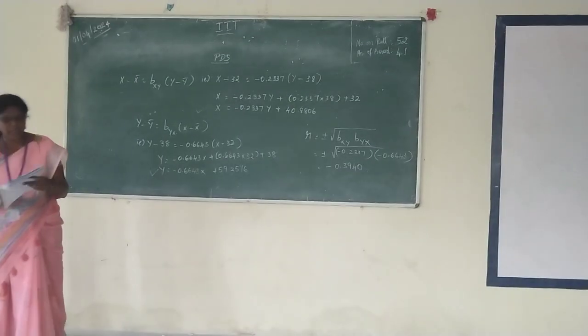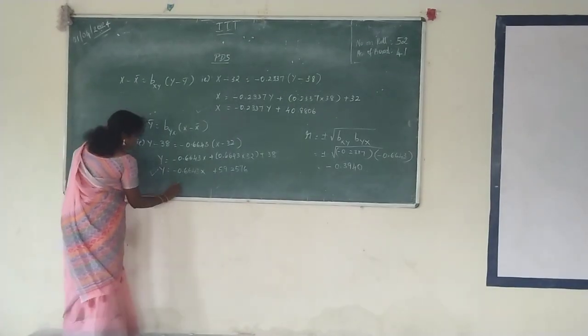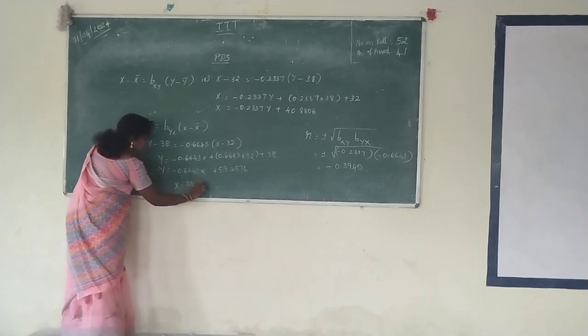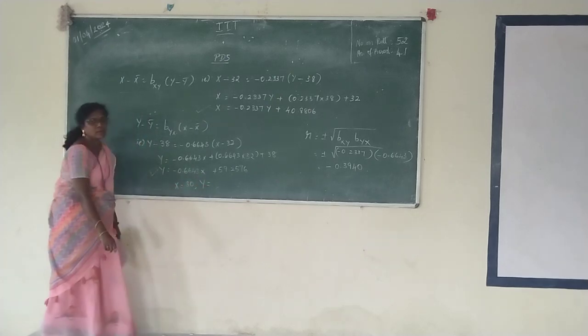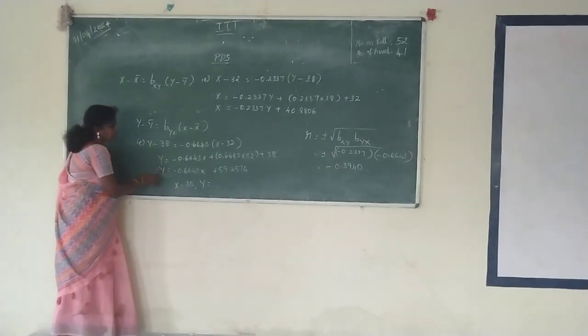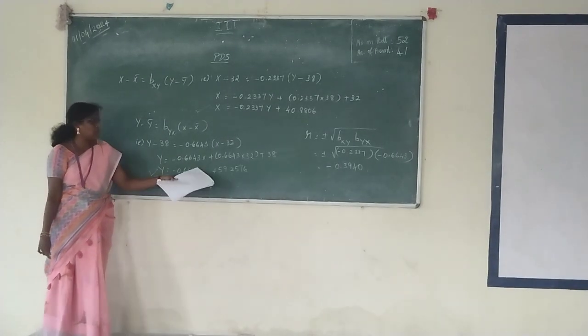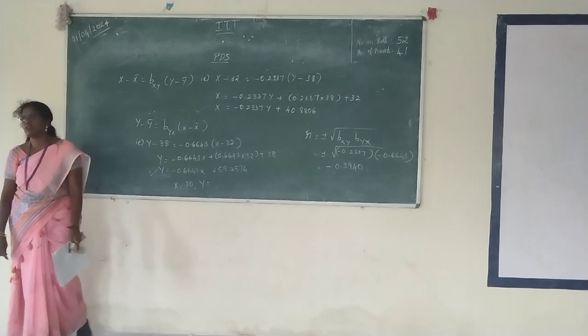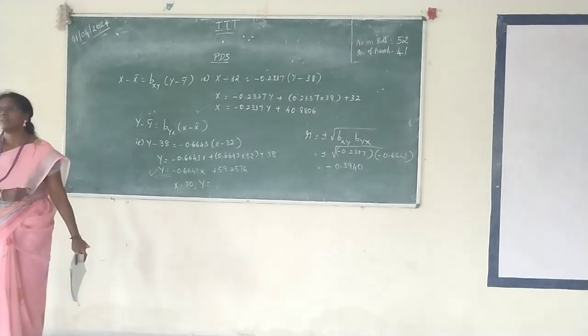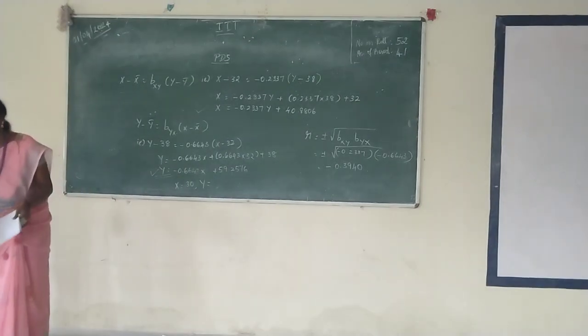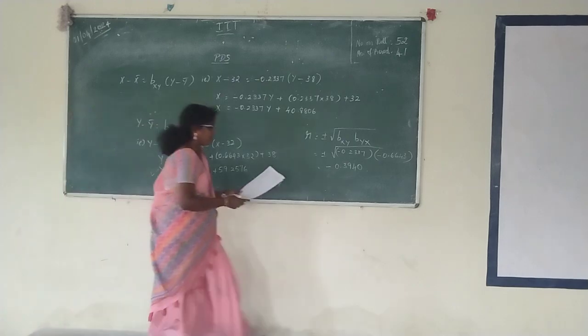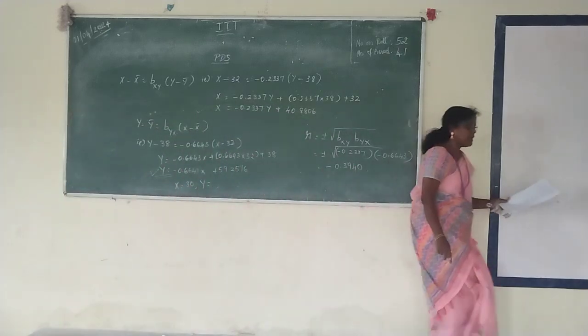When x is equal to 30, y is equal to what? Substitute x equal to 30 in the y on x equation and find what y is now. Substitute in that one and find the y value.